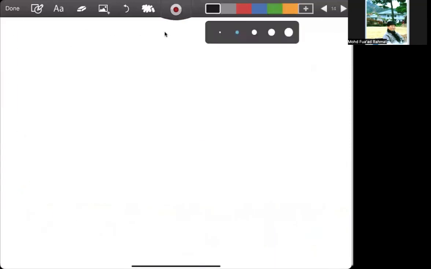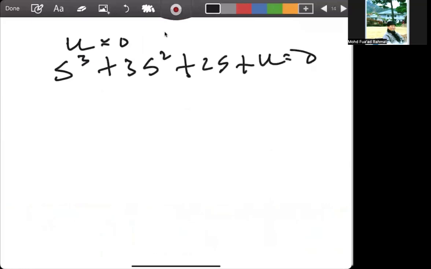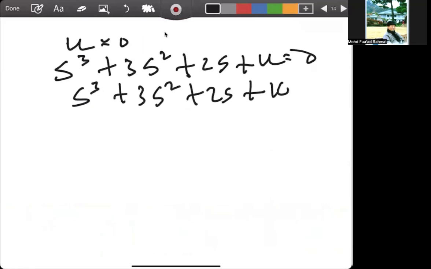Then we change K to 10. So s cubed plus 3s squared plus 2s plus K equal to 0. Substitute, 3s squared plus 10, K equal to 10. And see what happens.